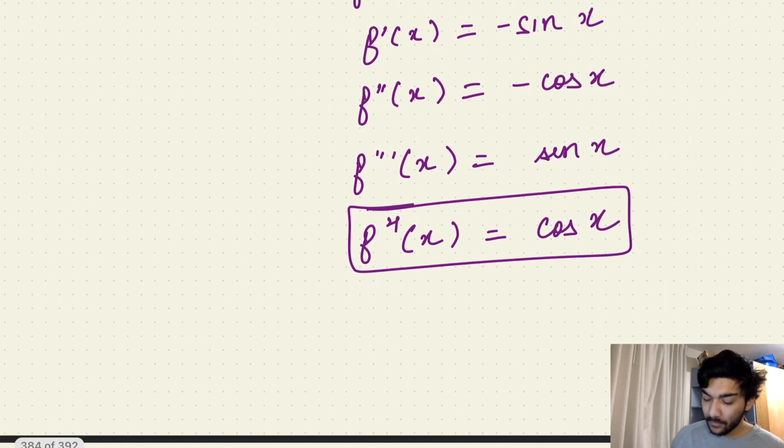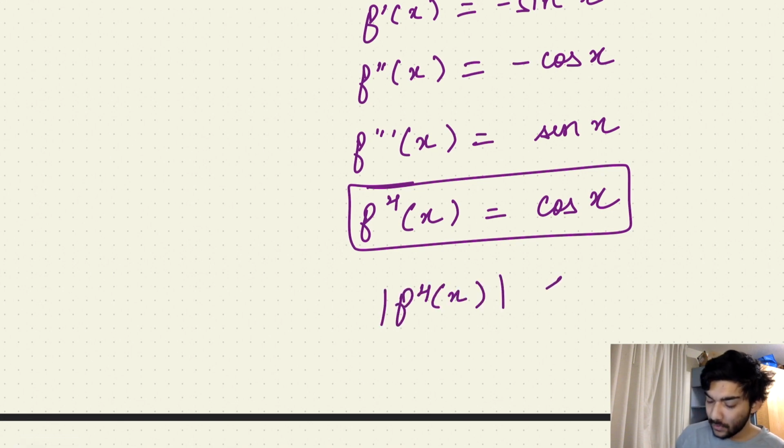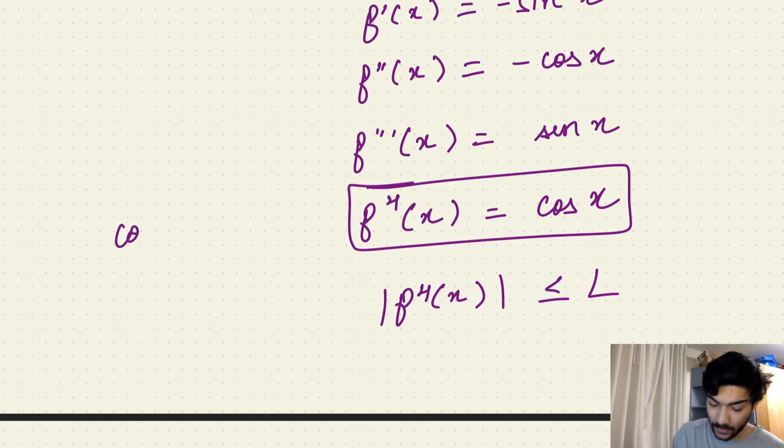So now we have the value of the fourth derivative of f(x). L would be a reasonable value which would bound the maximum value of this function, right? And since cos x and sin x are bounded functions, the maximum value of cos x is 1.